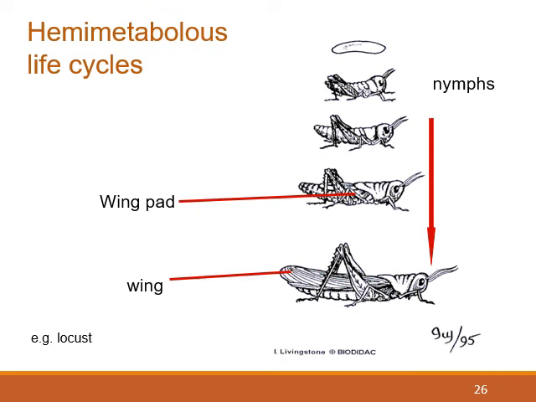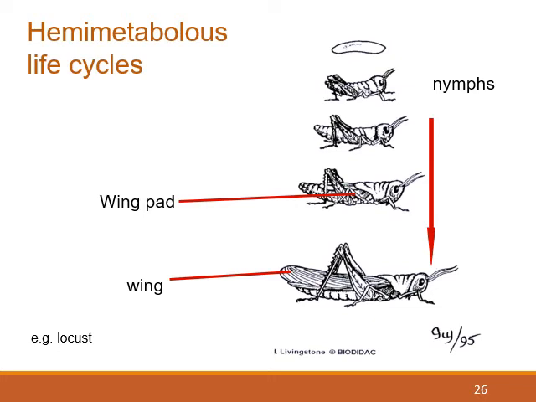Next up is the hemimetabolous life cycle. So insects which have a hemimetabolous life cycle have a developmental system in which the juveniles are more or less similar to the adults. They get bigger after each molt, and in the final molt into the adult, this is where you get the development of the reproductive organs, the adult coloration, and the full development of the wings.